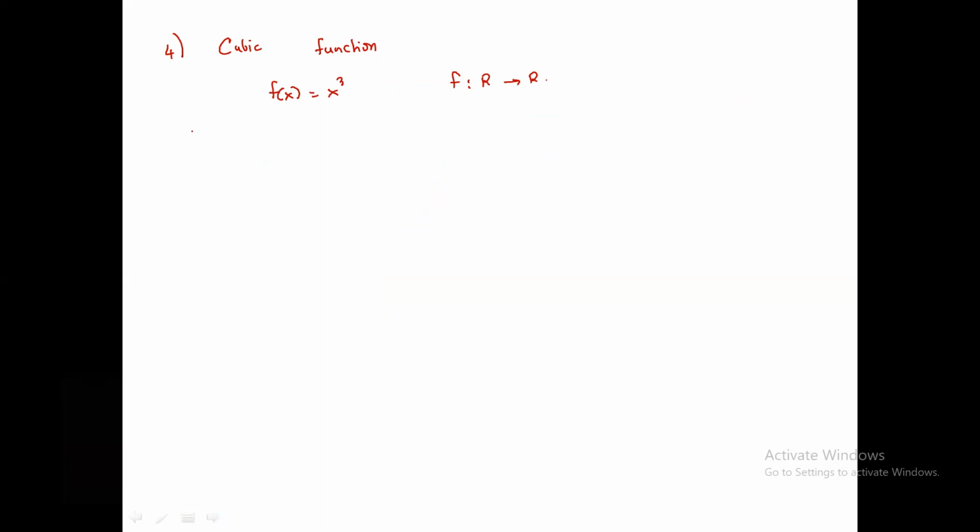Again, when you plot x and y, when x is -2, y is -2 cube, that is -8. When x is -1, y is -1 cube, that is -1. When x is 0, y is 0. When x is 1, y is 1 cube. X is 2, y is 2 cube.